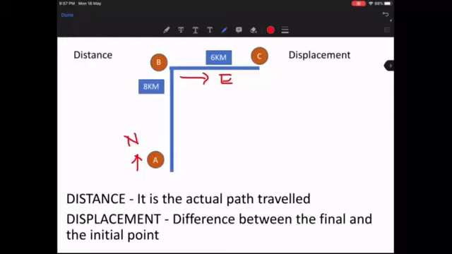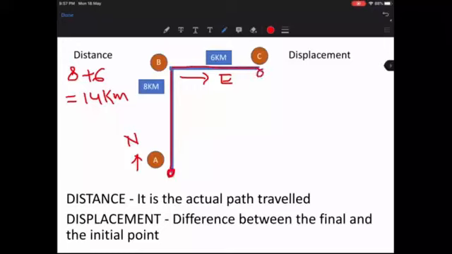In this case, what is the distance? Distance will be the actual path traveled, 8 plus 6, which is 14 kilometers. So he goes like this and then he turns east. But what is the displacement? Displacement is the difference between the initial point, which is A, and the final point, which is C. So the difference between these 2 points will be actually this distance. How will you calculate this distance? Isn't it a right angle triangle?